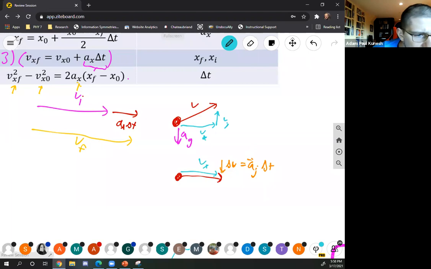Kate asks, will we have to use kinematic equations for objects that have x, y components, or are we just analyzing 1D movement? Generally, it's possible that we could ask you to do 2D. Practically speaking, it's identical to 1D.